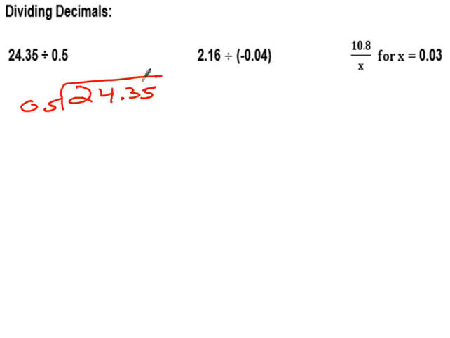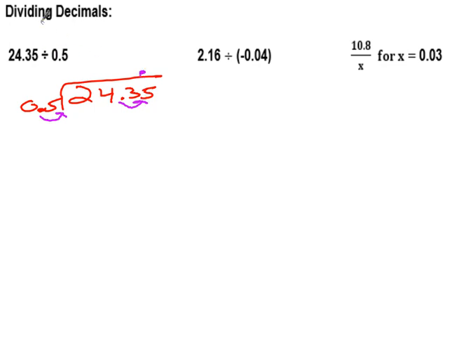The only difference is we just move the decimal straight up. However, if we have a decimal on the outside, I can't do that. I don't know my 0.5 multiplication facts. I know my multiplication facts of just 5, but not 0.5. So what I'm going to do is I'm just going to move it over once. But what I do on the outside, I just got to do it on the inside. And then once I move it, I just bring it straight up.